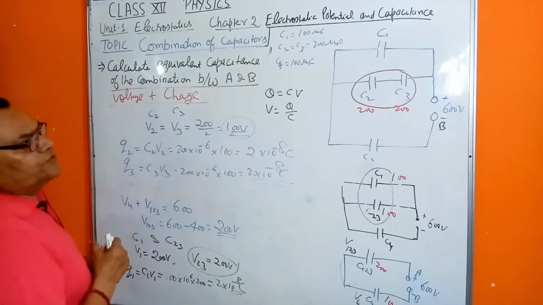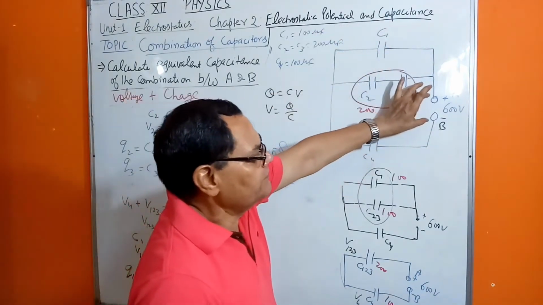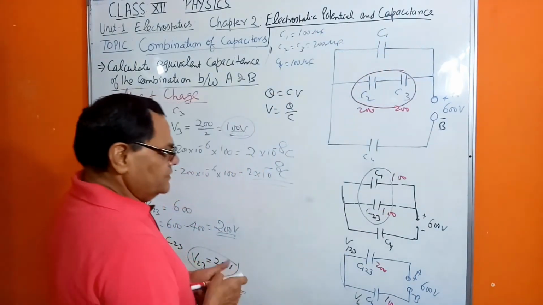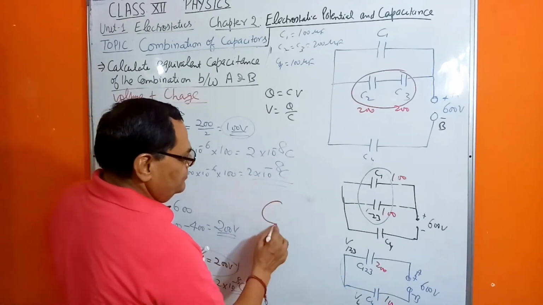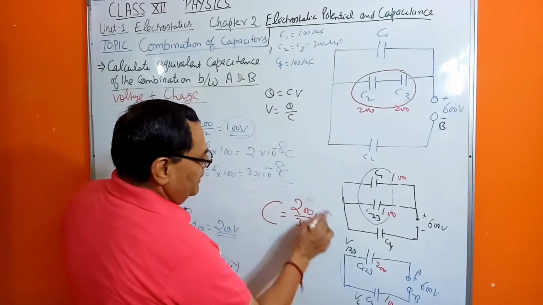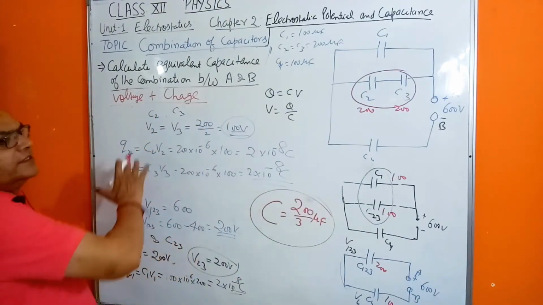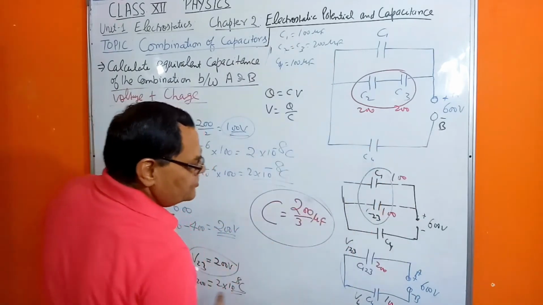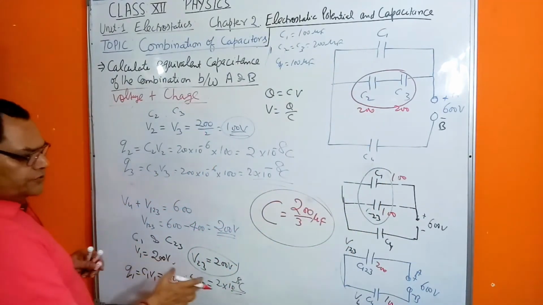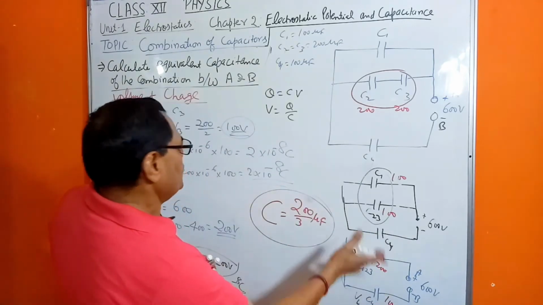There were actually 3-4 questions. What was the resultant of this? I think we calculated it between A and B. The net capacitance we got was 200 by 3 microfarad. Then the second question was to find the voltage and charge on each. The fourth we got earlier, I think it was 400, and the charge was also there.